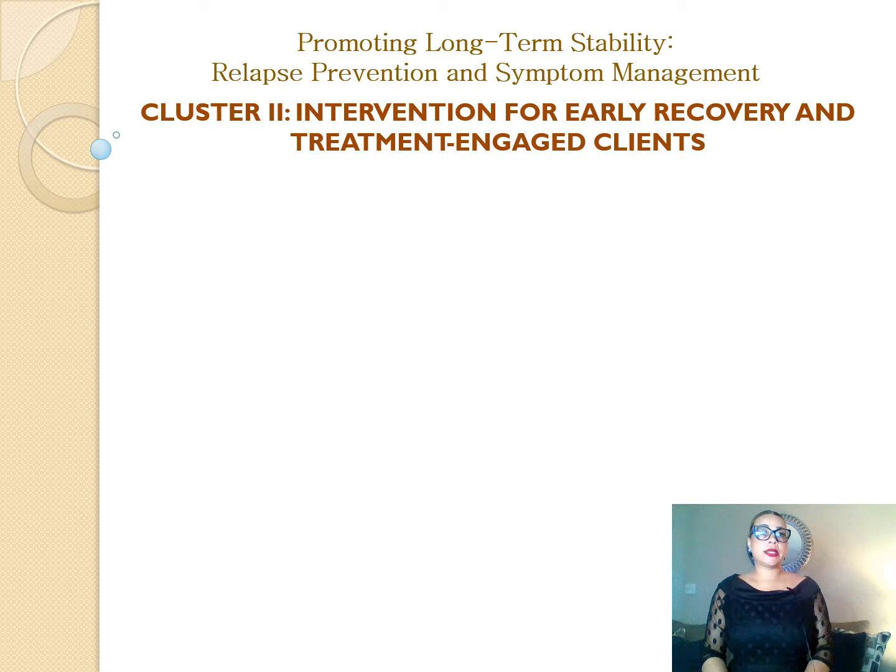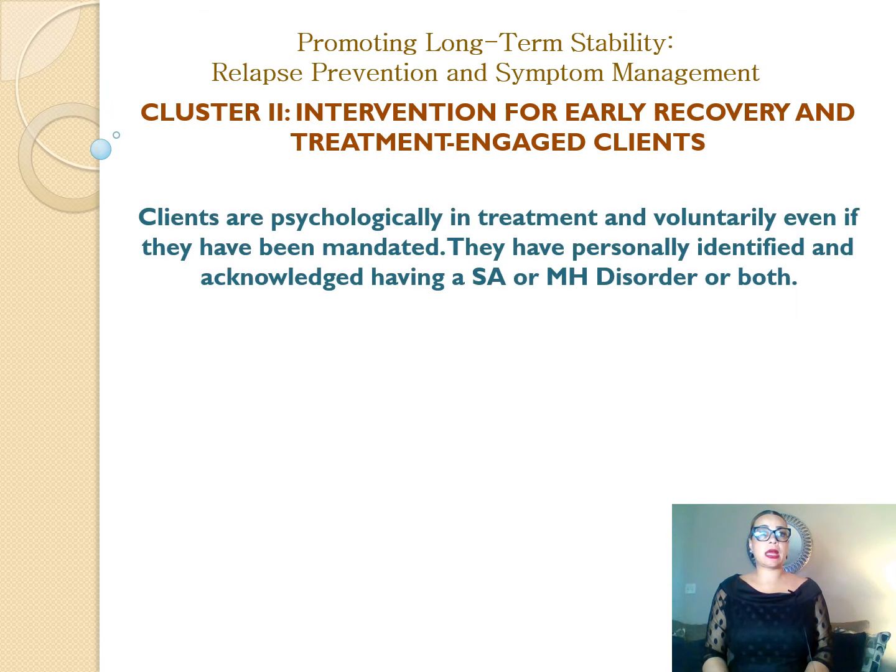The second cluster is intervention for early recovery and treatment engagement clients. Clients are psychologically in treatment and voluntarily, even if they have been mandated. They have personally identified and acknowledged having an SA or MH disorder or both.